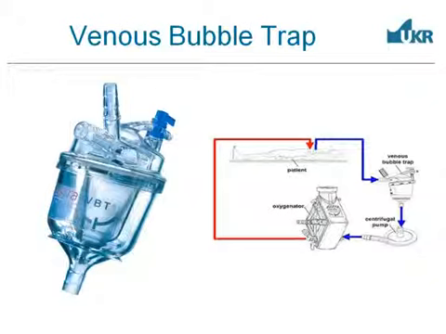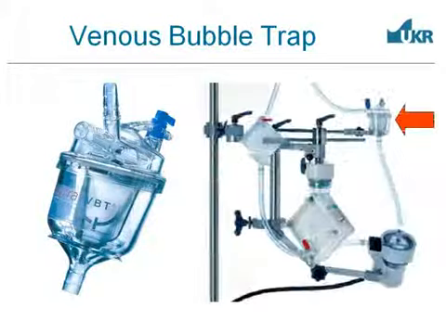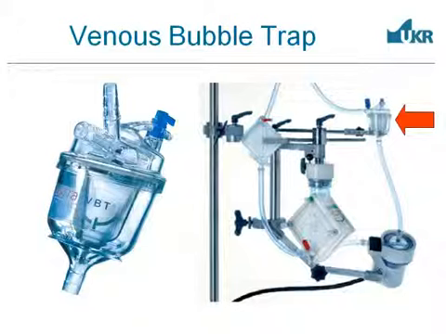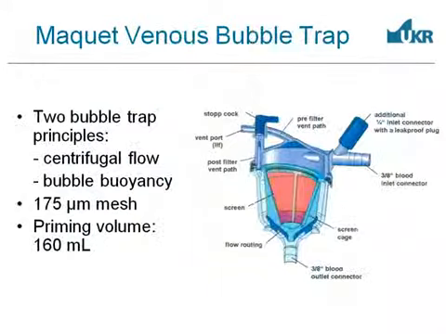Venous bubble traps are small components which are added after the blood leaves the patient, that's here, before it enters the centrifugal pump. On the left side is the Maquet system, and if you look at the circuit, it's here, just prior to the entrance of the Rotaflow pump. Now, how does it work? It's a very simple principle.